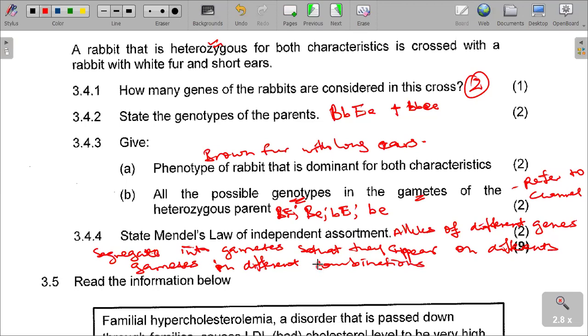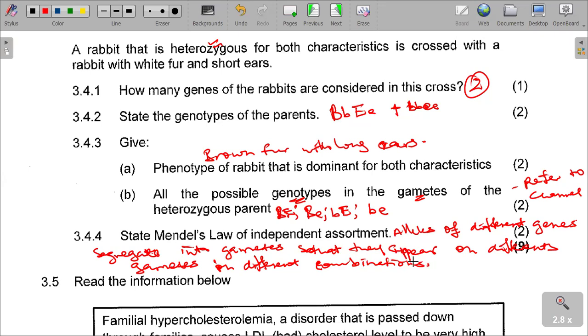That's one thing that you should understand. It is actually a law that talks about the different movement of alleles, so they can reshuffle themselves. What happens is that the alleles of different genes segregate, or we can say they move independently of each other into the gametes, so that they appear on the gametes in different combinations.